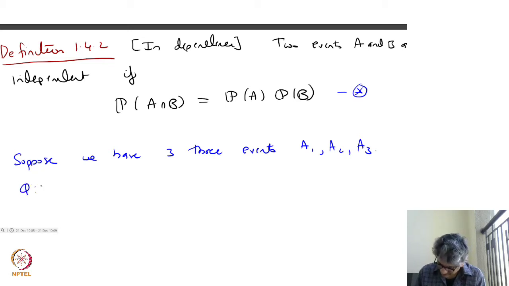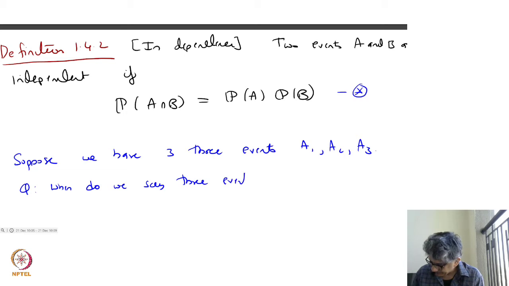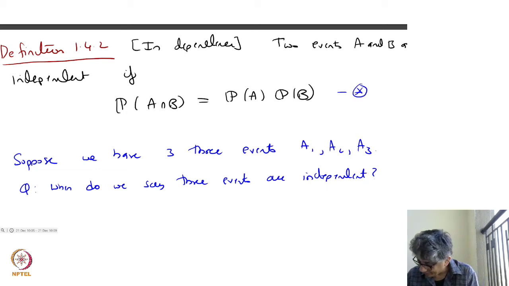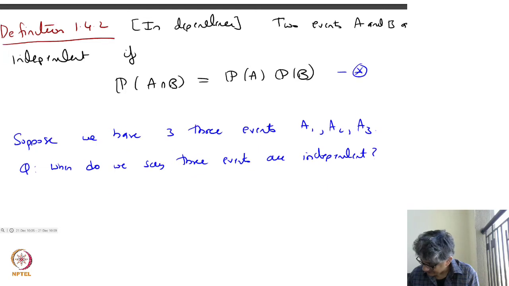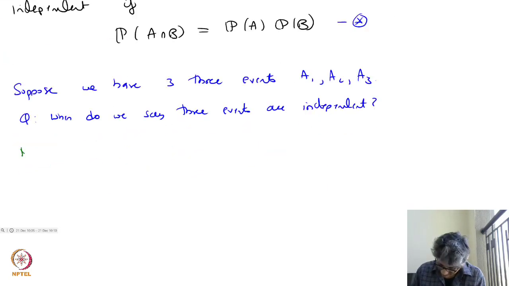So the question is, when do we say three events are independent? One way to think about it is that you can just say that the formula star holds. So one naive way is the following. Let's do the first naive answer.